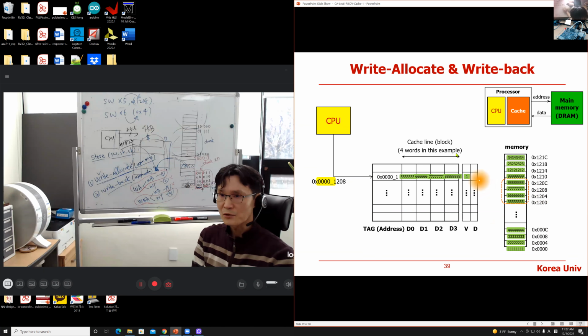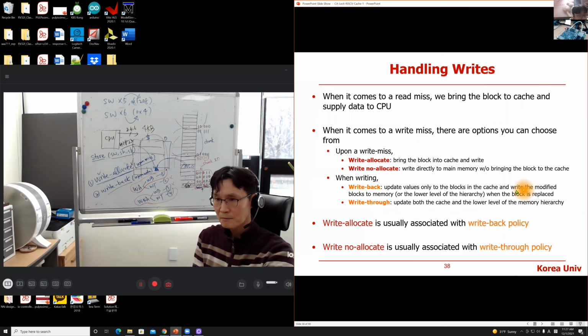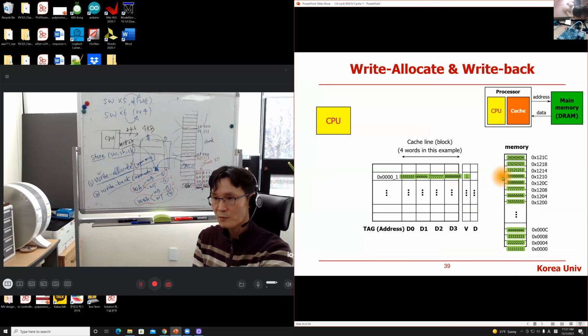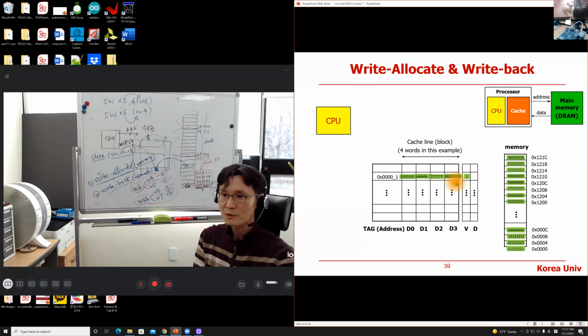Now we are assuming the cache contains that memory block. That is the initial state. The cache has this memory block, and the chunk ID and valid bit are set to 1. That is the assumption, the initial state.